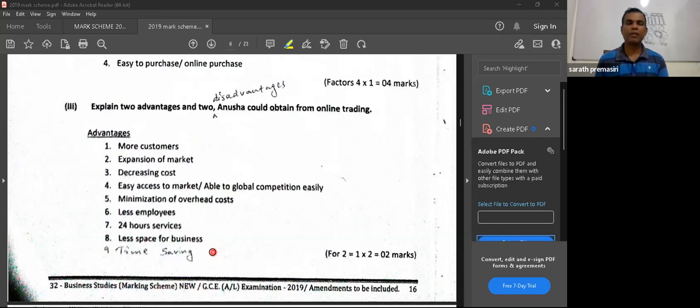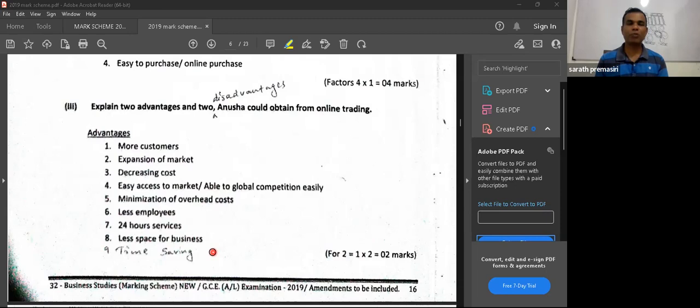Next one, can do business. Sixth one, can do business involving less number of employees. So don't write just this, explain it a bit when writing.